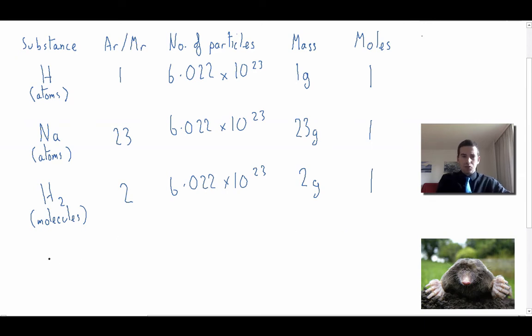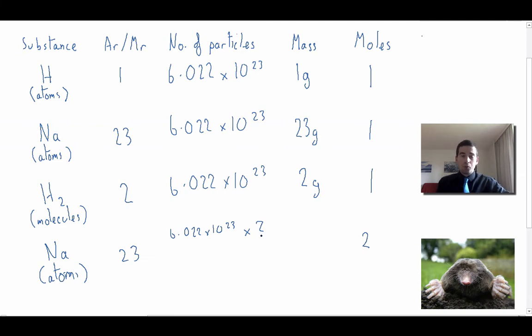So let's just stay with these examples. Let's go back to sodium atoms. Relative atomic mass, 23. Let's say this time we want 2 moles of this substance. So, how many atoms would you actually have? You take 6.022 times 10 to 23, and you just times it by 2.